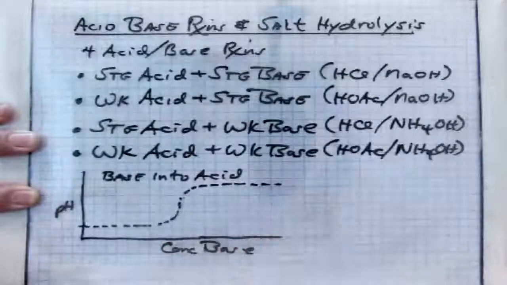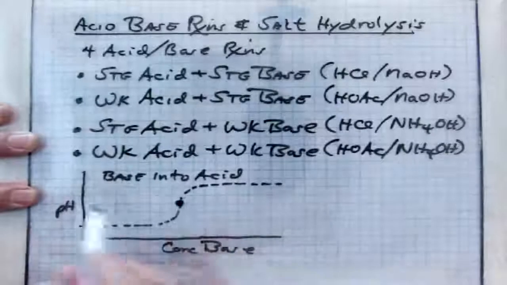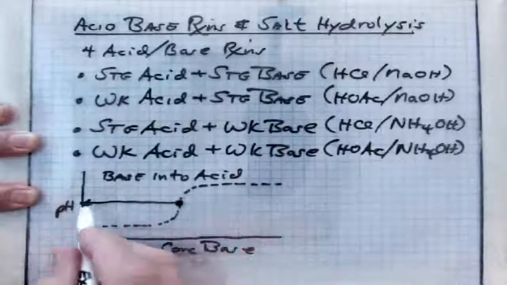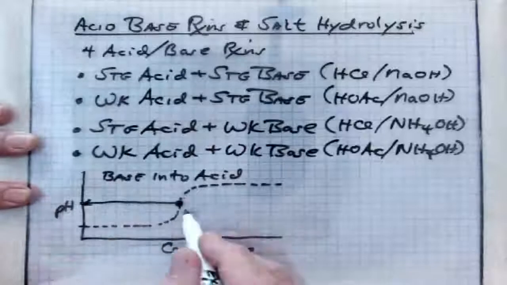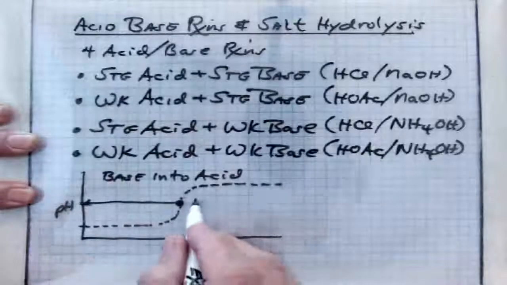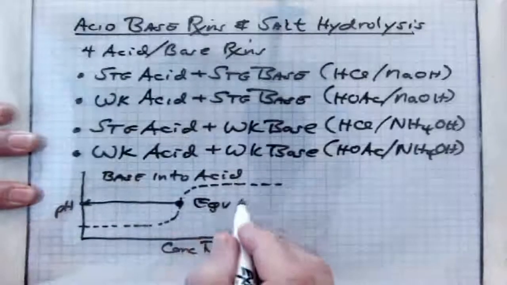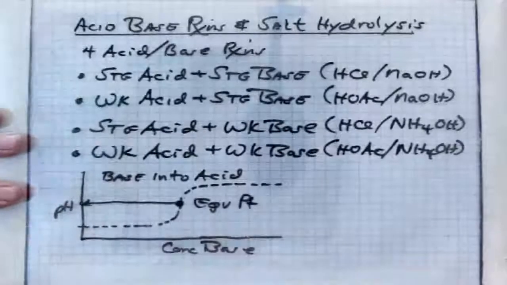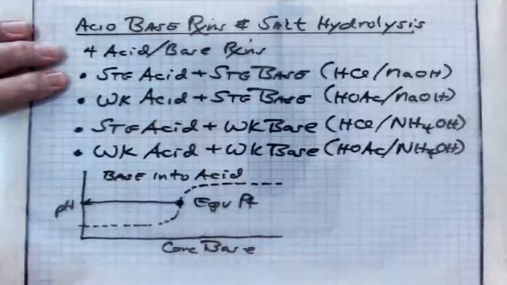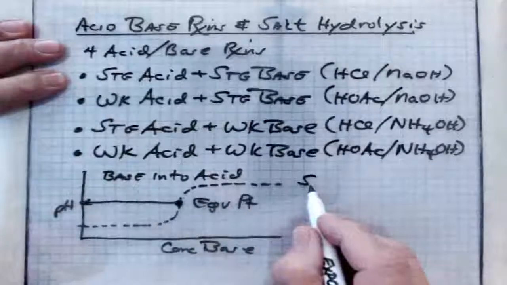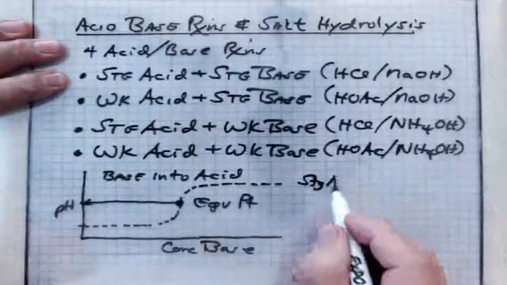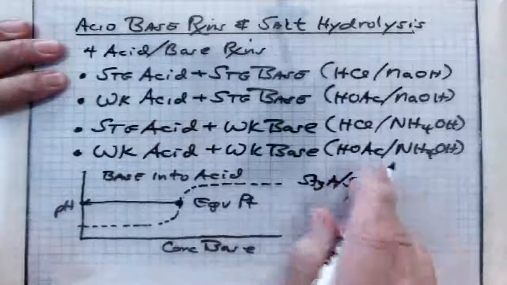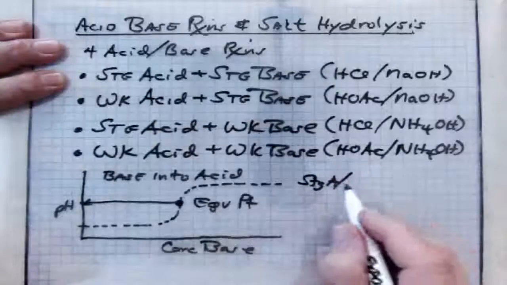Well, for a strong acid, strong base titration, the equivalence point is pH of 7 always. For a weak acid, strong base, the pH is always above 7.